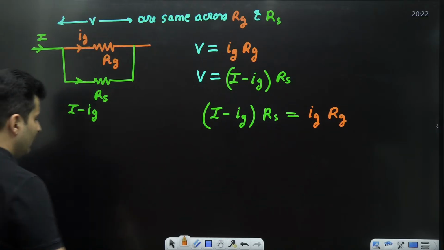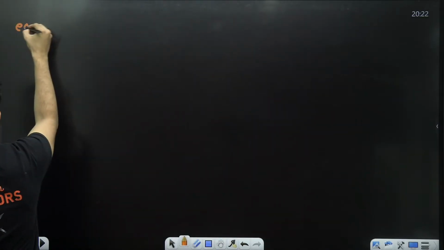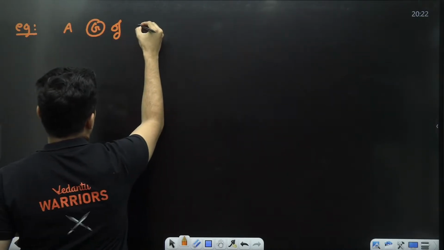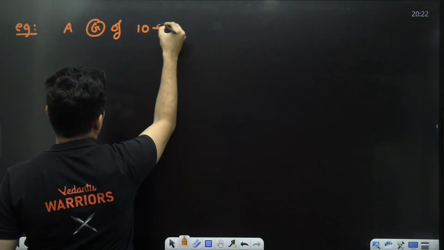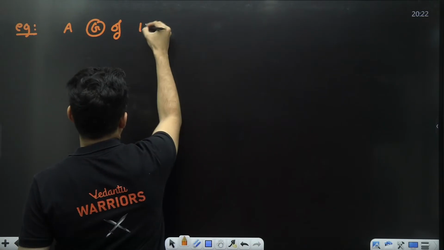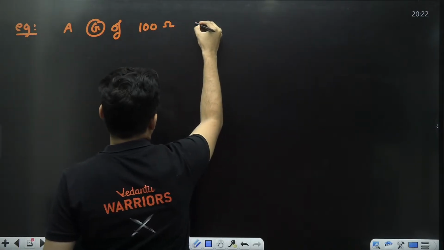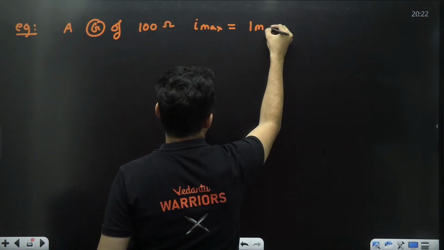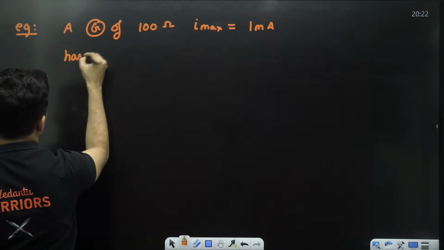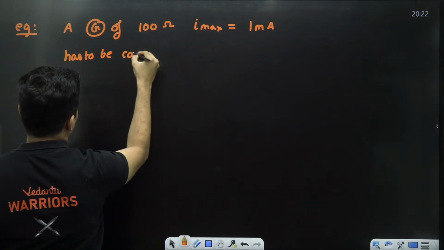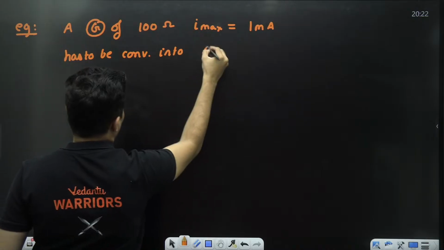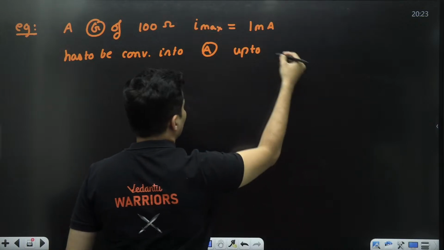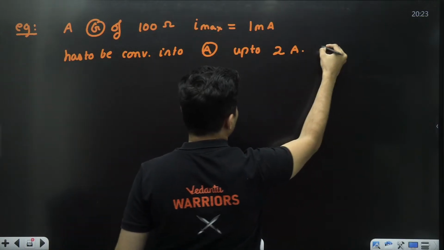So say for example, a galvanometer of 100 ohms with a maximum full scale deflection current of just 1 milliampere has to be converted into an ammeter up to, for example, 2 amperes.